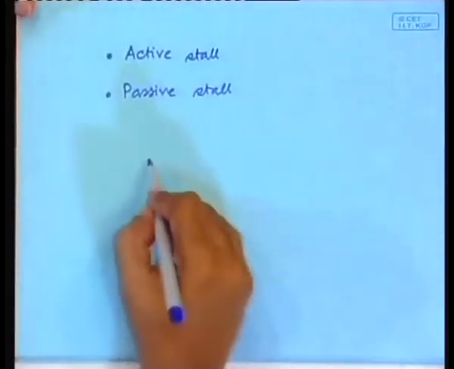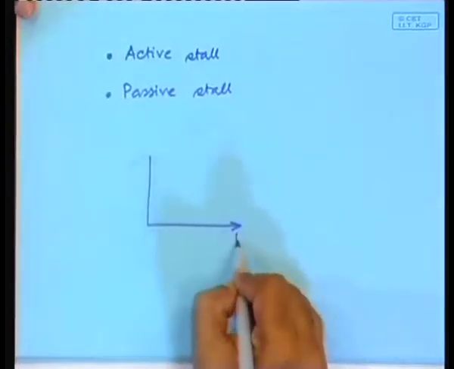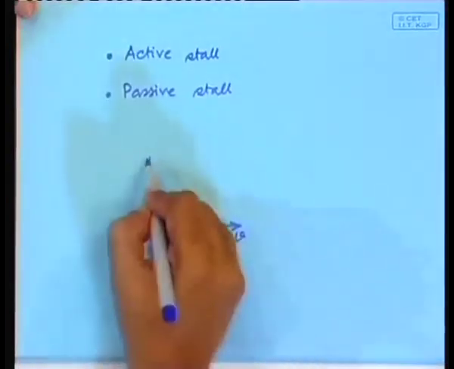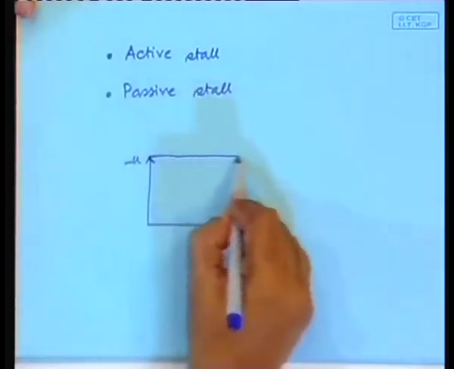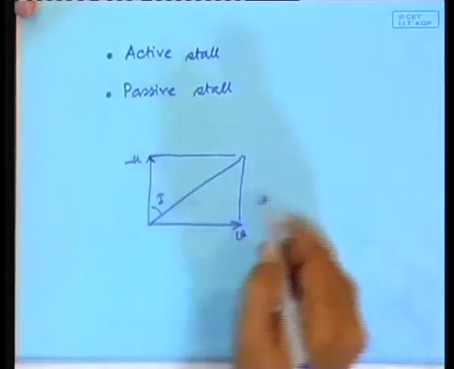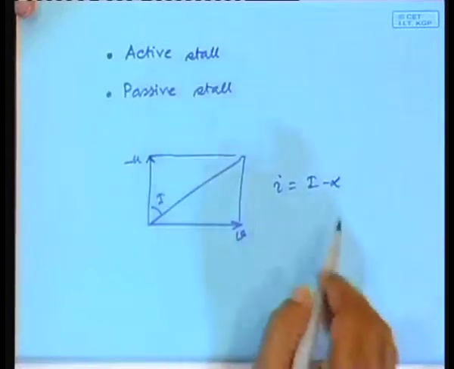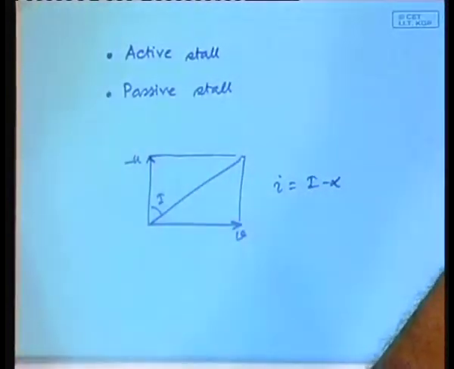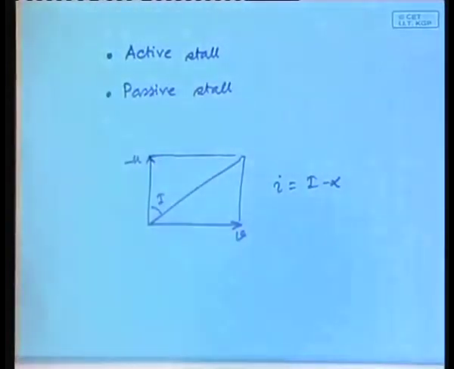As I told you, when we drew the rectangle of the velocities, this was the velocity of the wind and this was the velocity of the blade, and we drew this, and this was our I. Let me rewrite: i is equal to I minus alpha. Alpha is fixed now. In a small wind turbine, we do not have the scope of varying alpha, so that is hard fixed.